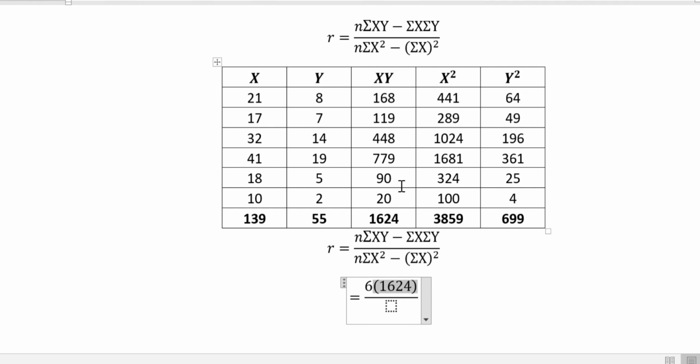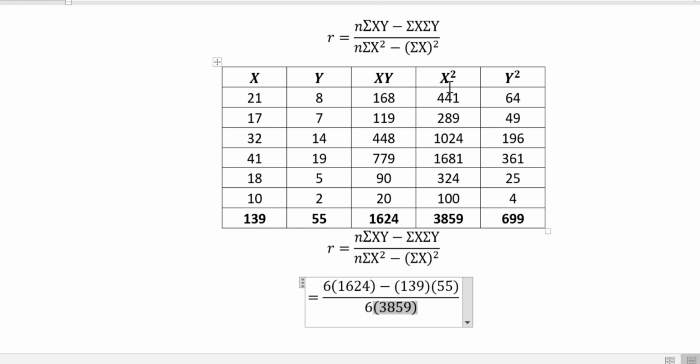Summation xy is 1624, then minus summation x, which is 139, times summation y, which is 55. So we have that 139 times 55 all over n, which is actually 6, times summation x squared.